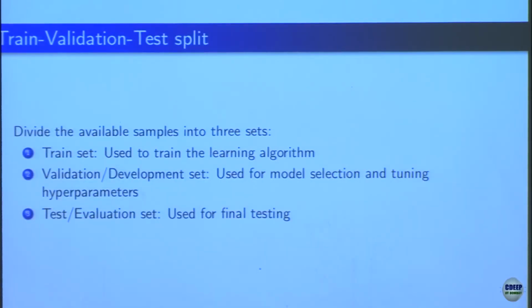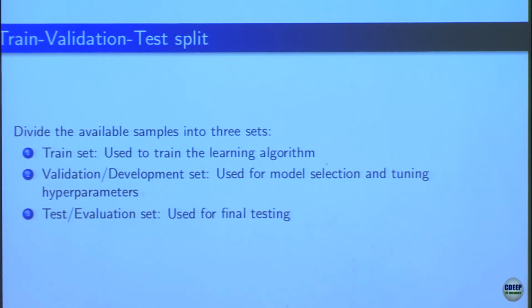And this is the spirit of the train, validation, test split. You divide the available samples into three sets: the train set, a validation set, and a test set. Okay, and we'll develop more on this in the lab session, but the idea is that train is used to train the algorithm, to learn the parameters. Validation is used for model selection.